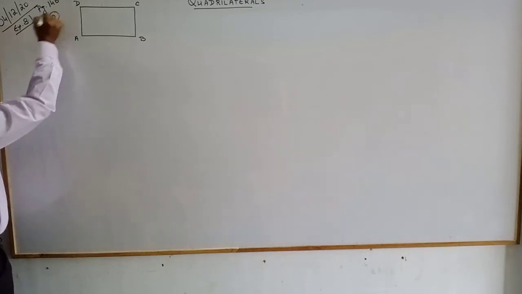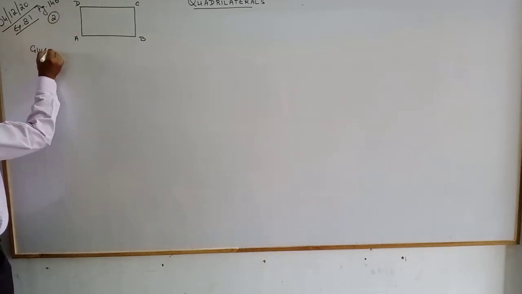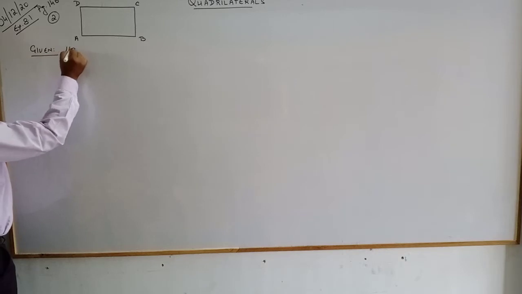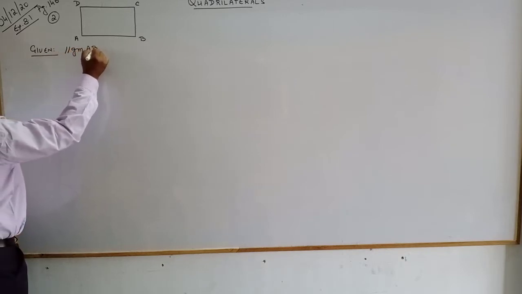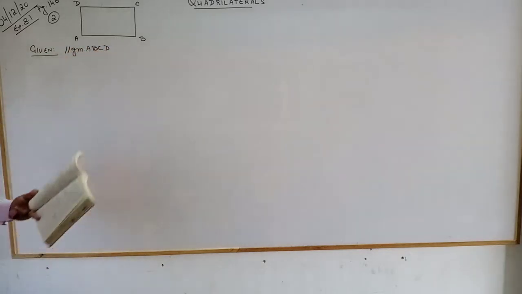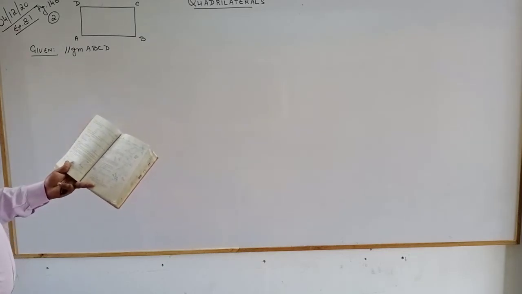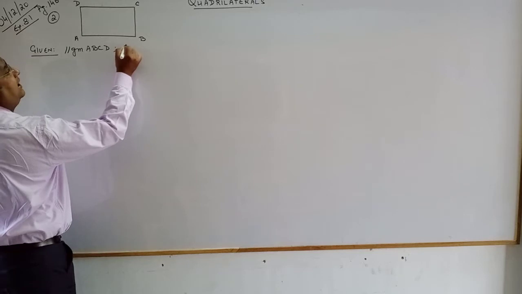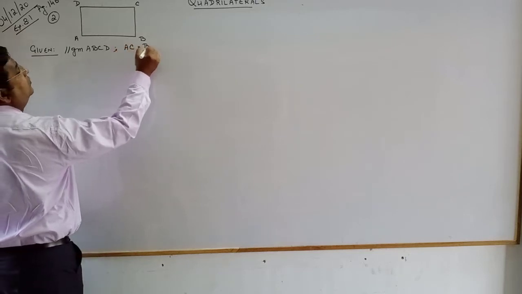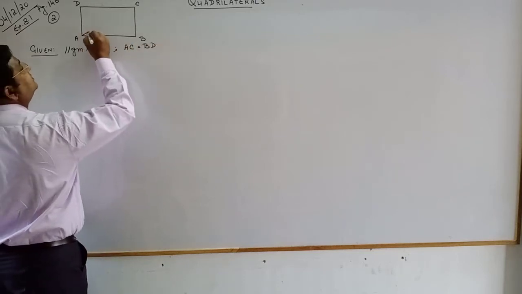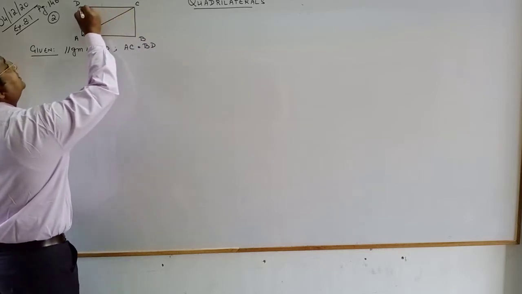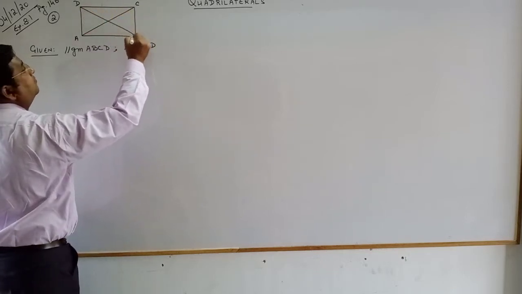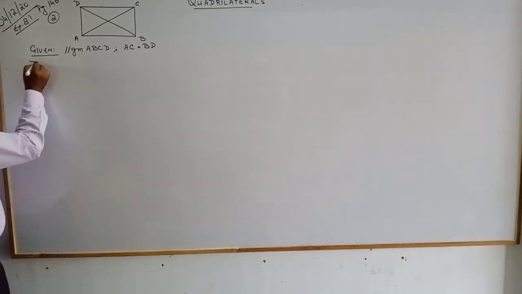Question number second. What is given to us? We are given parallelogram ABCD in which diagonals are equal, diagonal AC is equal to BD. This is given to us. And what we have to prove?